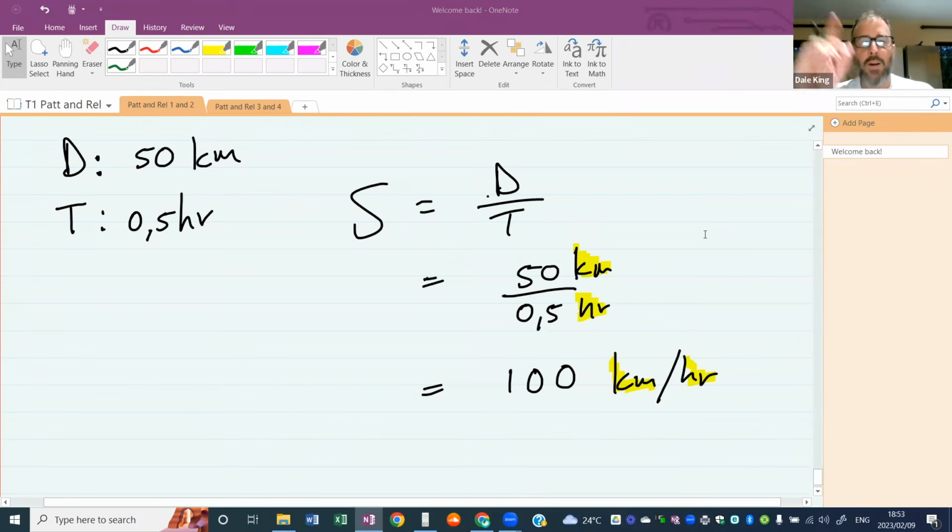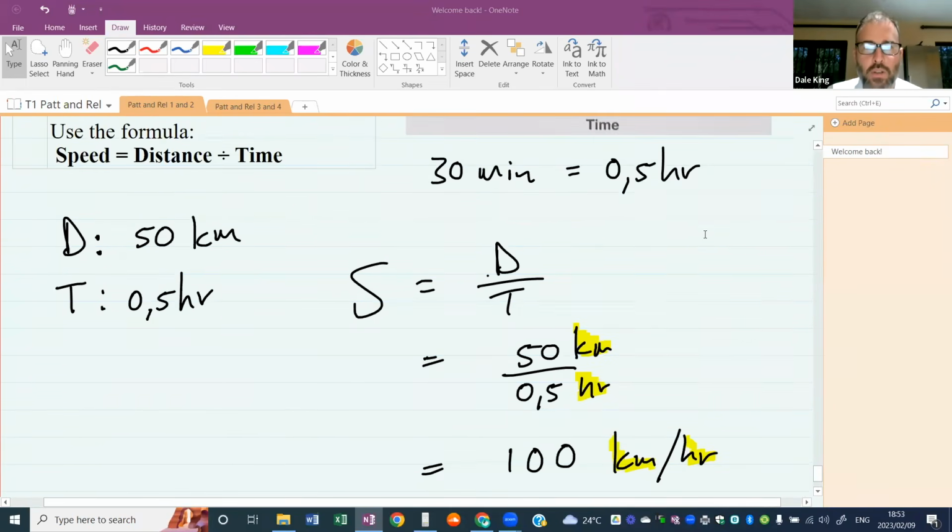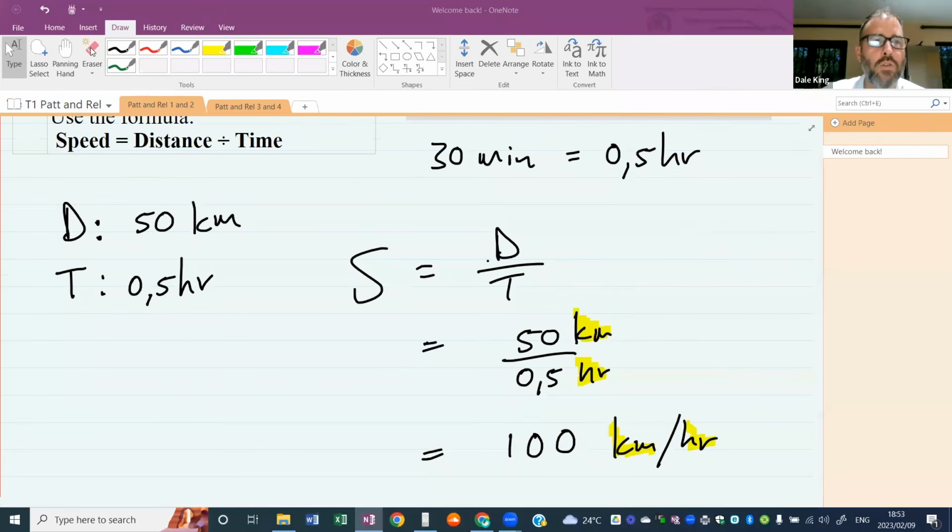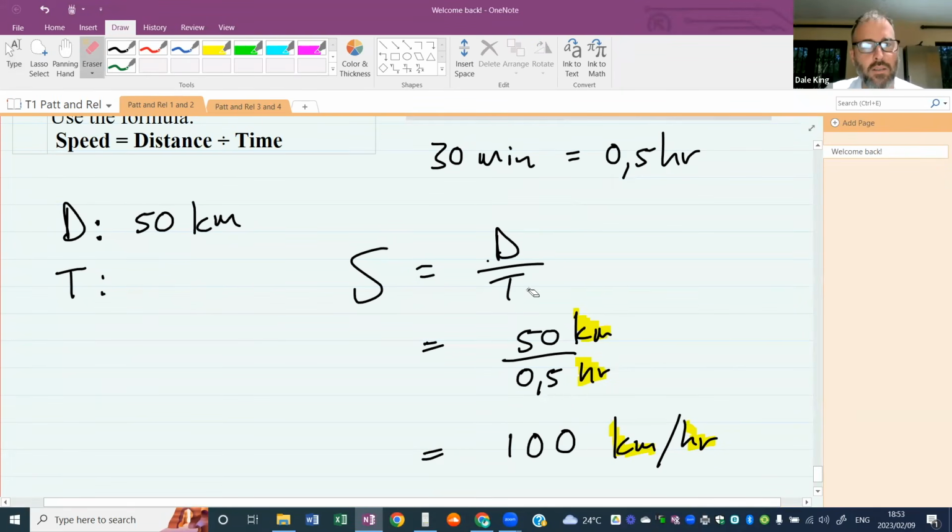All right. Now, I want to quickly do this, okay? What if you guys used minutes instead of the hours? That's fine. You can do that. If you use minutes instead of hours, you will use 30 minutes in your formula. So I'll write there 30 minutes in my formula.